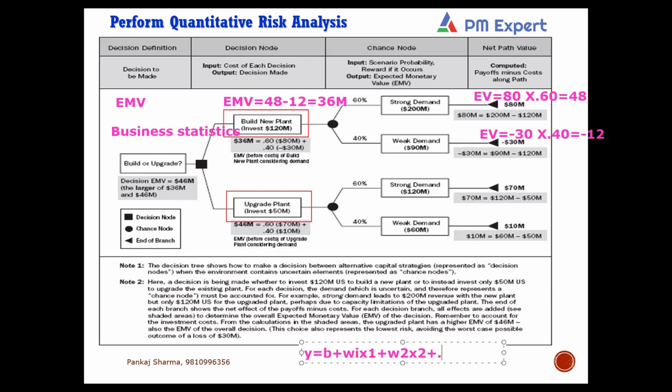Let's say plus, it goes till W10 XN. Suppose this is the equation. The most important thing in this ML equation is finding out the right values of W1, W2, W10, and B.